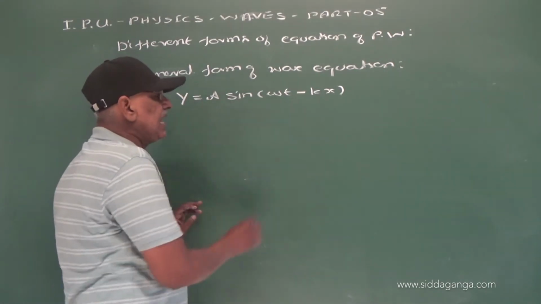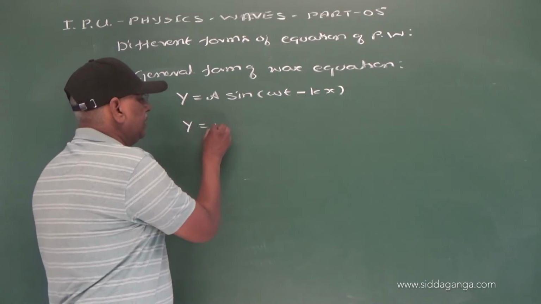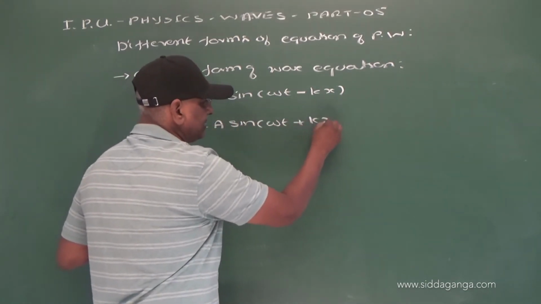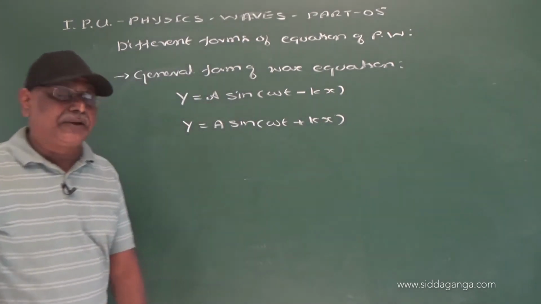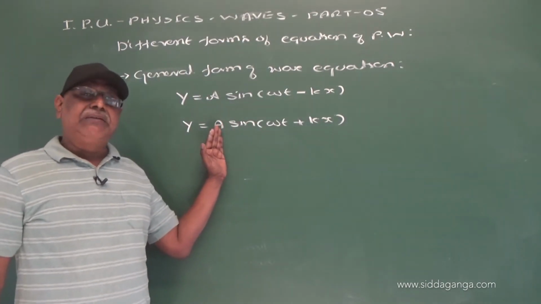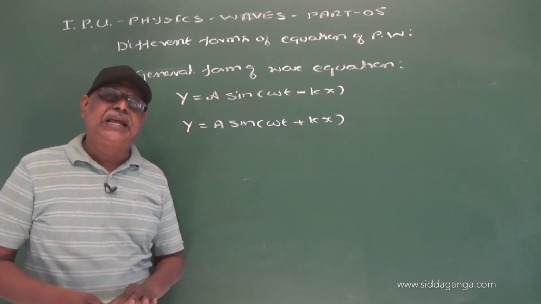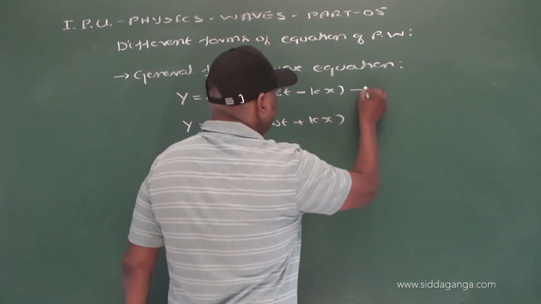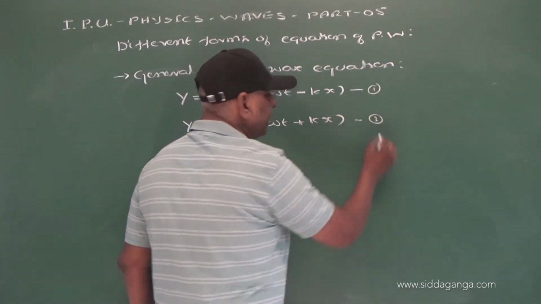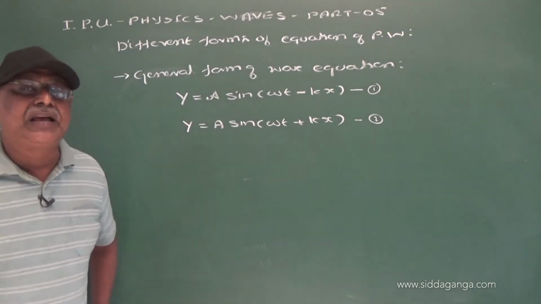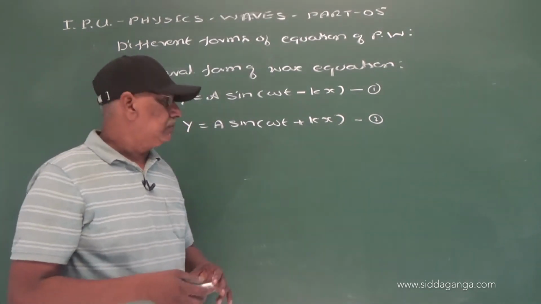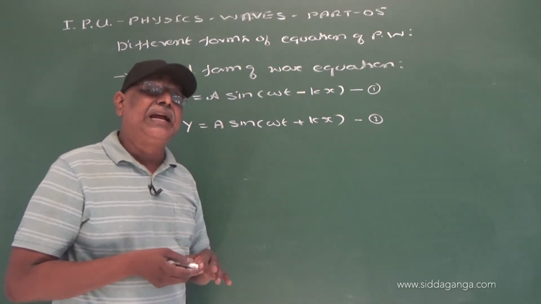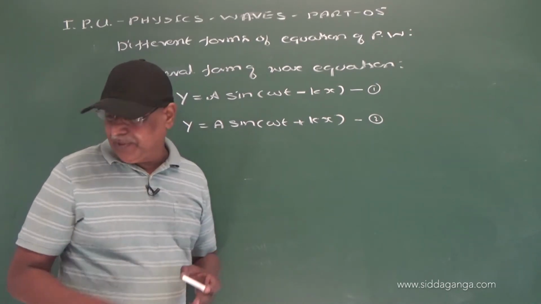Sometimes this equation can be written as y is equal to a sin(omega t plus kx). That means the wave is now propagating along negative x direction. If we take equation 1 and equation 2, equation 1 represents wave propagating along positive x direction and equation 2 represents wave propagating along the negative x direction.